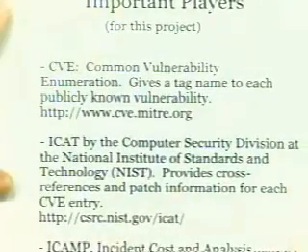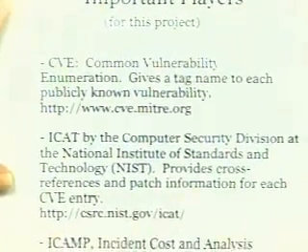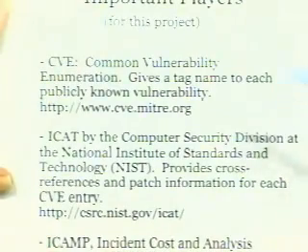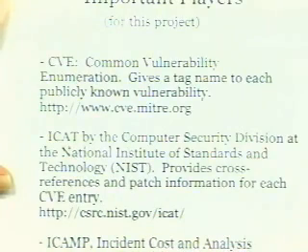So here are the important players in this area. The first is the CVE, the Common Vulnerability Enumeration. It's a tool that gives a tag name to all publicly known vulnerabilities. It consists of a board of editors that reviews the vulnerabilities and votes on them as being properly described.